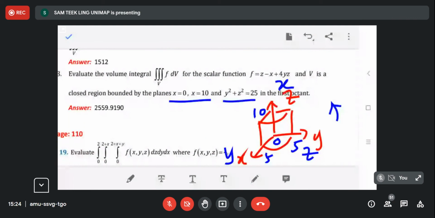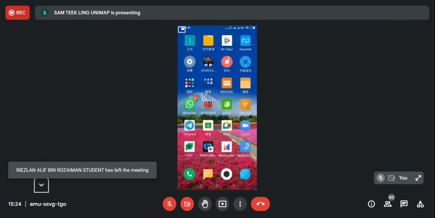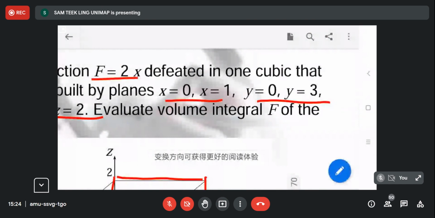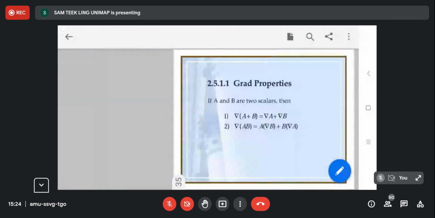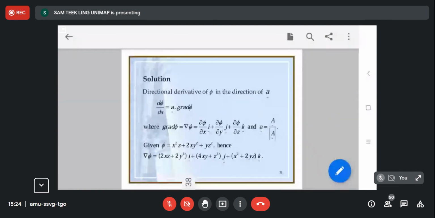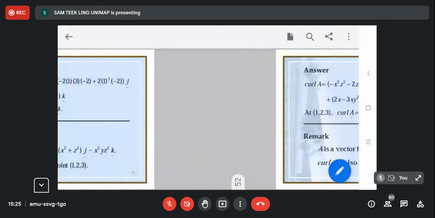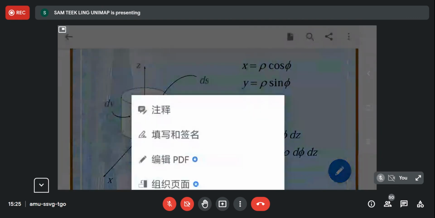If you apply the polar coordinate for the cylinder, you need to change. For your exercise question, you cannot use the basic one.